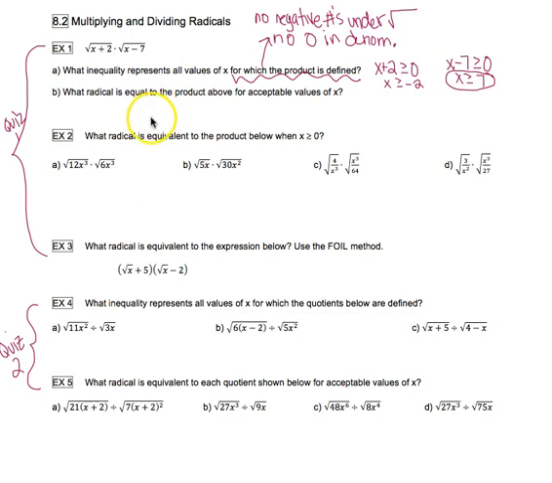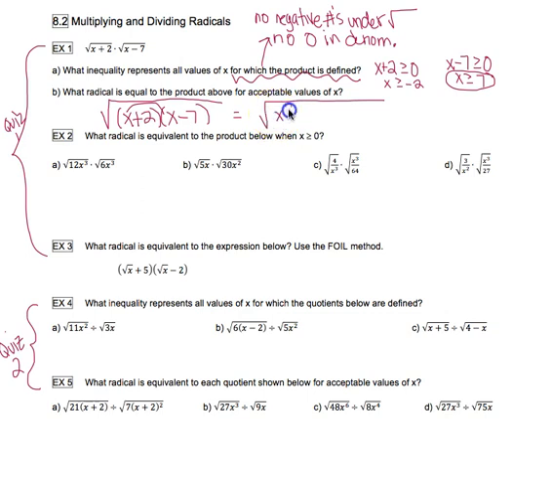Part B asks what radical is equal to the product above, so actually performing the operation. Just like we did with the numbers, I'm going to multiply what's underneath the radicals. Most likely they're not going to list an answer choice looking like that because they're probably going to FOIL that out.